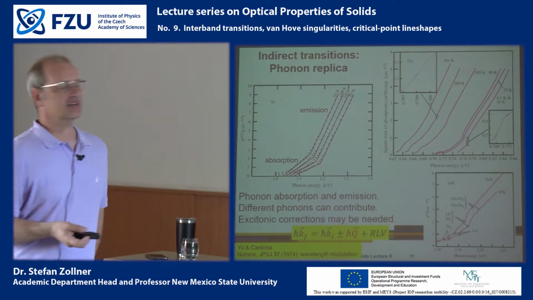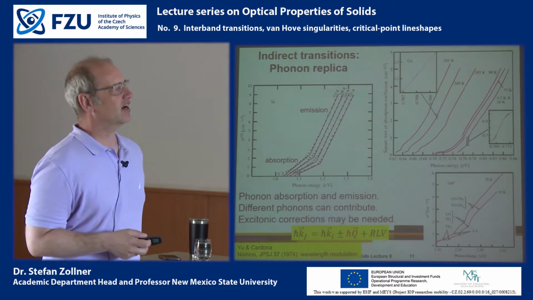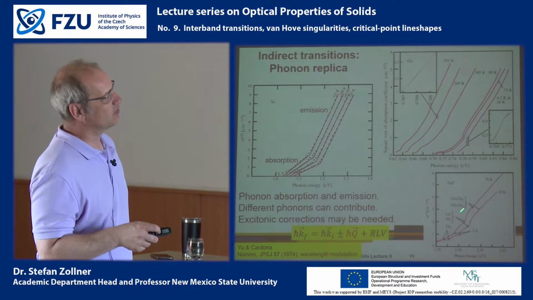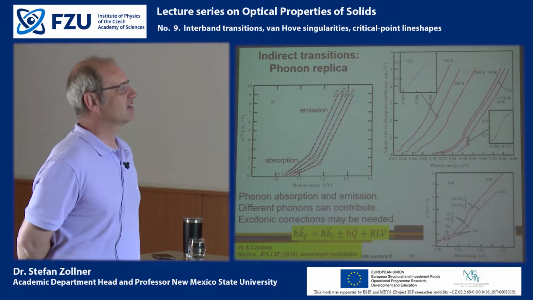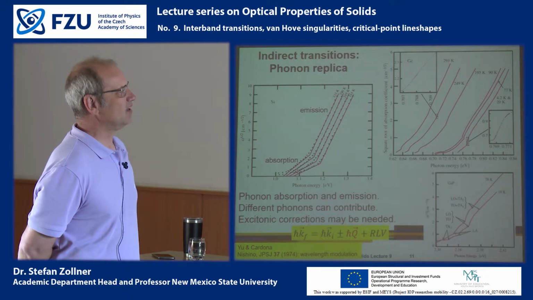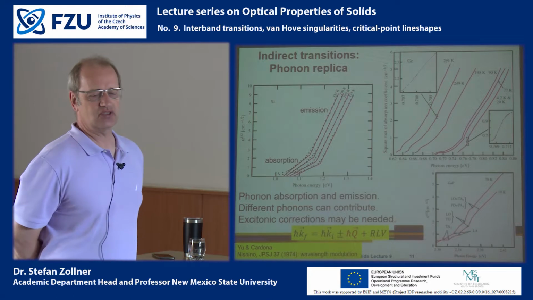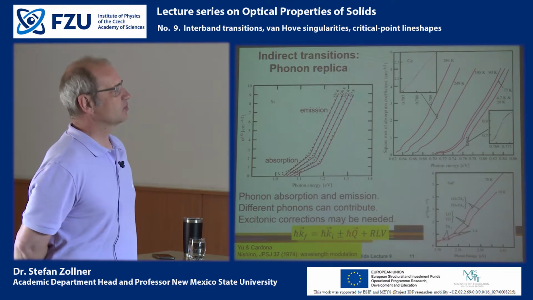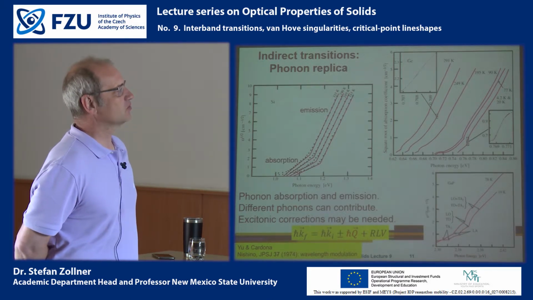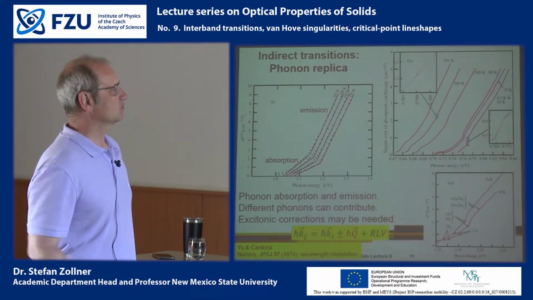So determining the actual indirect band gap can be very complicated unless one performs very high resolution measurements and is able to attribute the various phonons to the features that are observed in the spectra.